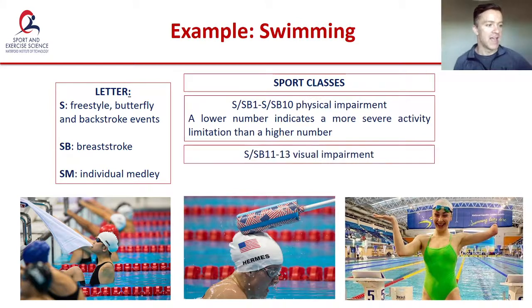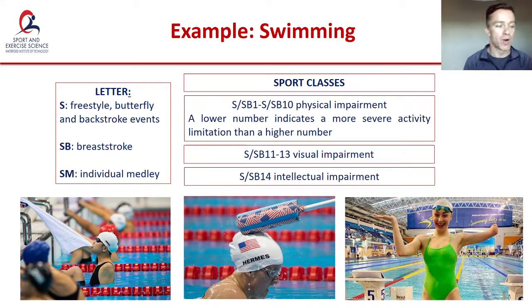Then we have a number that comes after it. So it goes from S1 or SB1 down to S10 or SB10, and that indicates the level of the athlete's physical impairment. In swimming, a lower number indicates a more severe activity limitation than a higher number. So an athlete who's designated as an S1 is among the most severely affected athletes. These are swimmers who normally use a wheelchair outside the pool and will have a very significant physical disability.